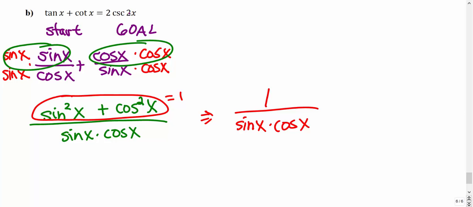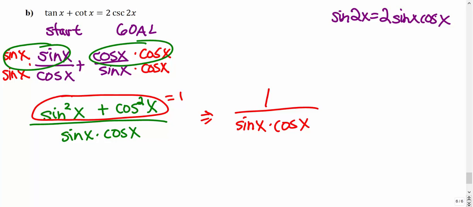Cosecant is the reciprocal of sine, so maybe we can approach the goal by forming a double angle identity for sine. The double angle identity for sine, sine of 2x, is equal to 2 times sine x cosine x.